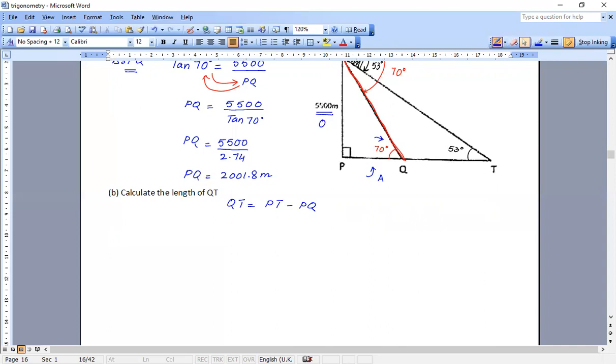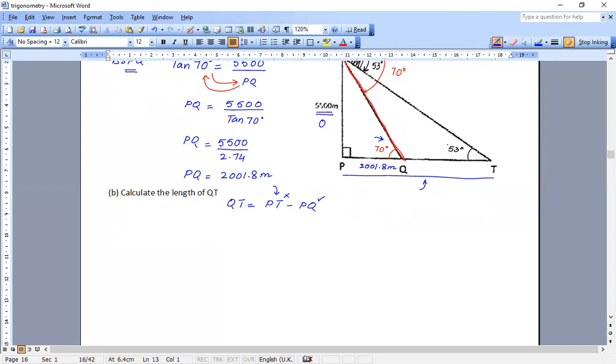PQ I have just found, so I'll mention it over here in the diagram, which is 2001.8 meters. I know the length of PQ, but I do not know the length of PT, and there is no way of finding the length of QT directly. So first of all, let's find PT. PT is the adjacent or the base of that larger right angle triangle. So I will try to find PT.